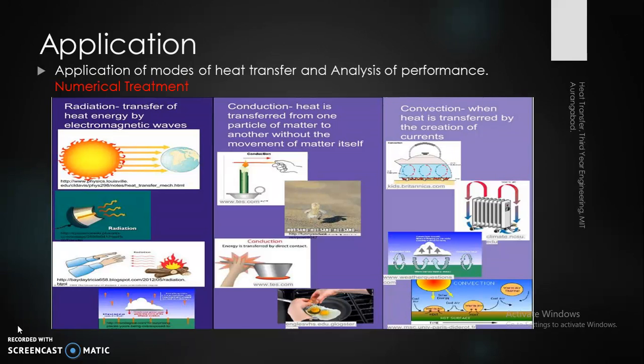After studying the modes of heat transfer, we have to find the governing equations which deal with the numerical treatments associated with the physical systems governed by conduction, convection, and radiation. For that, I have given some little examples here.